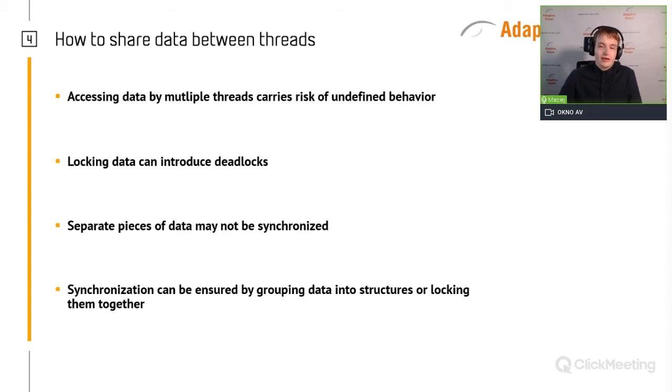To avoid it, we can either lock multiple variables by grouping them into one group and locking that group, or put the variables into some larger structure and lock that structure or class.